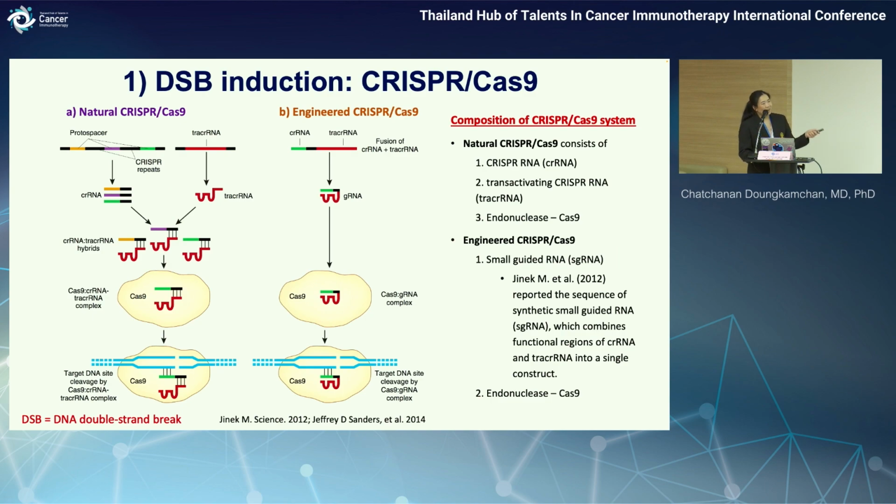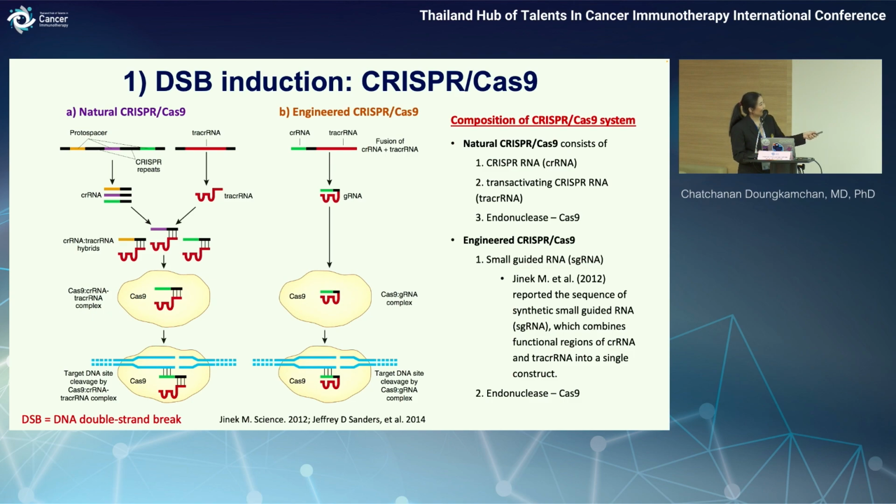Okay, and now moving on to CRISPR-Cas9, which will be the spotlight of today. This is a side-by-side comparison between the natural CRISPR-Cas9 and the engineered CRISPR-Cas9. As you can see, the Cas9 acts as the endonuclease, which is the important component of both systems.